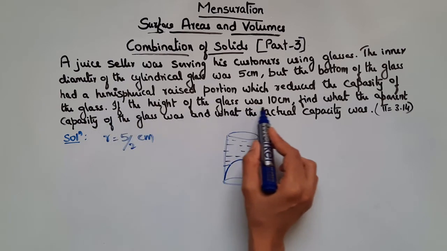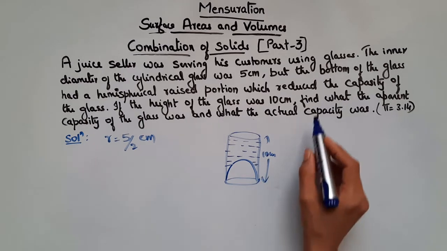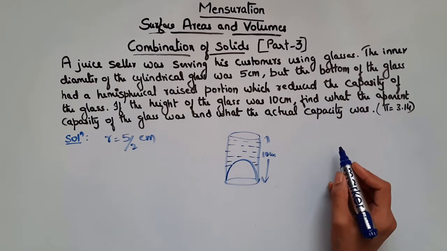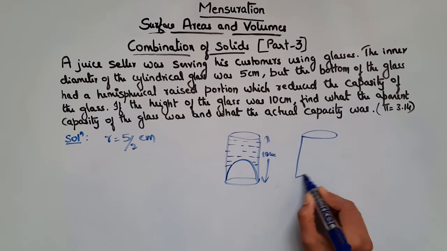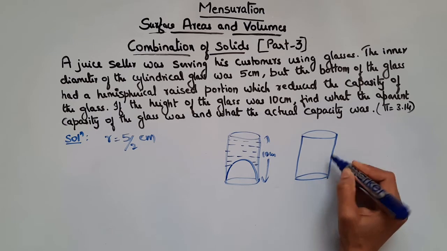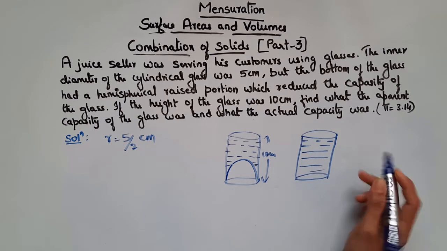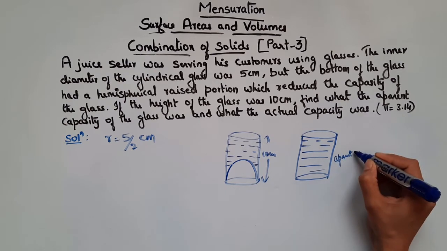If the height of the glass was 10 cm, find what the apparent capacity of the glass was. Here what does apparent capacity mean? The customers used to think the glass is full of juice. But this is not true. So this is the apparent capacity of the glass.